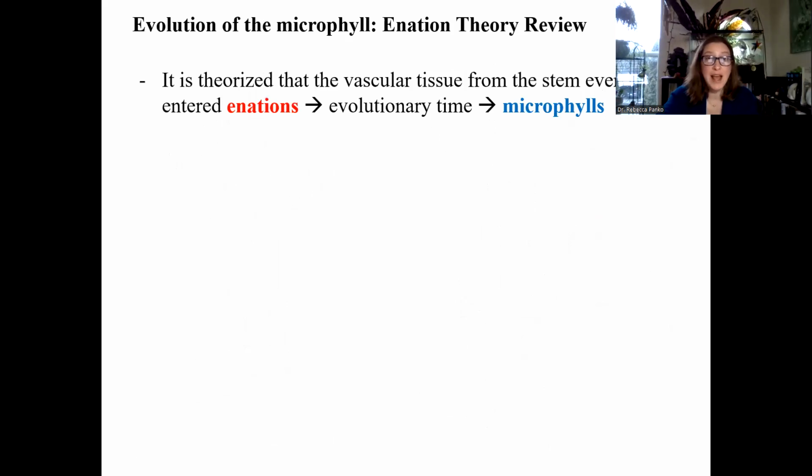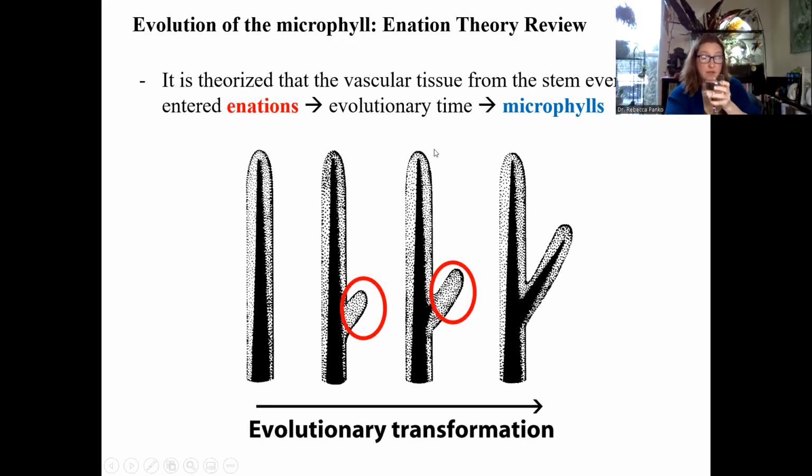We originally had these enations show up in the fossil record, which, based on what we know, didn't have any vascular tissue in them. They were just little projections off the stems. But over evolutionary time, vascular tissue was able to enter those little projections, those enations, and lead to microphylls, which were the very first leaves.